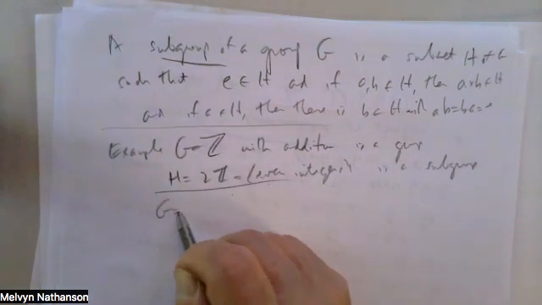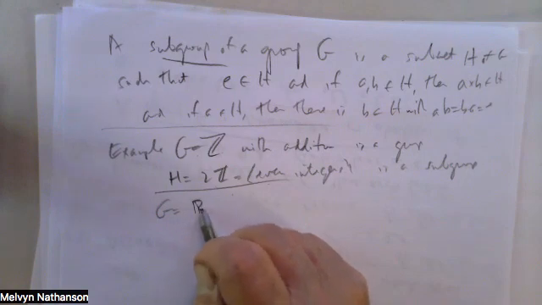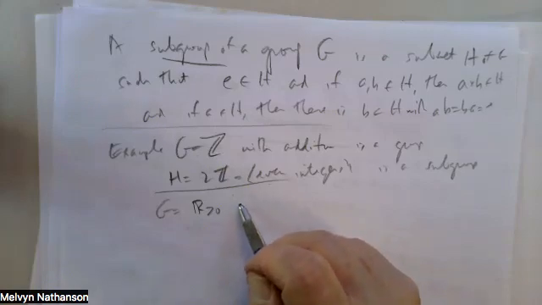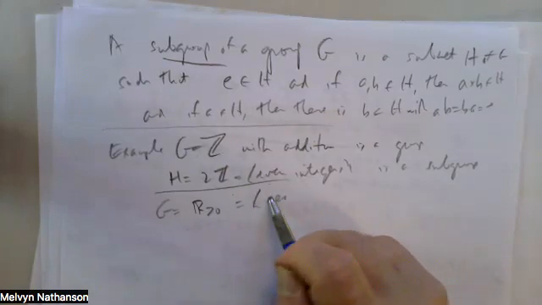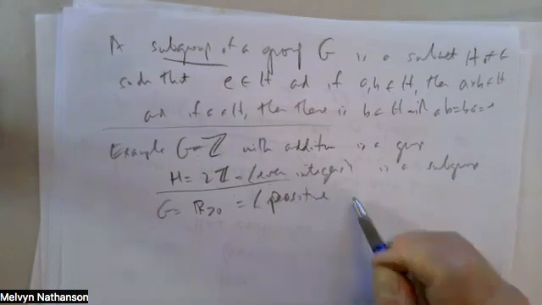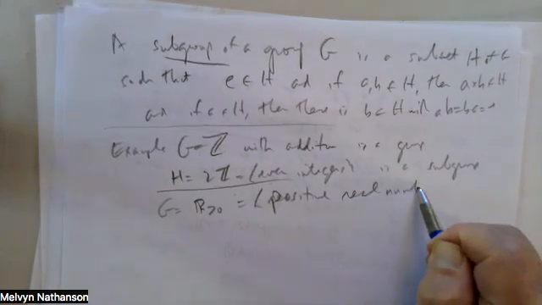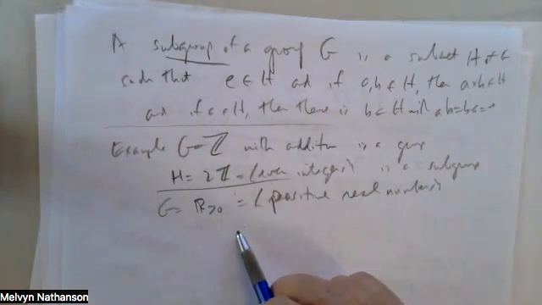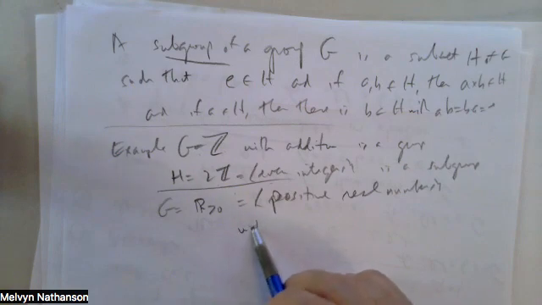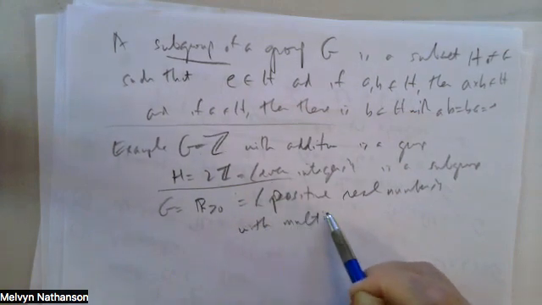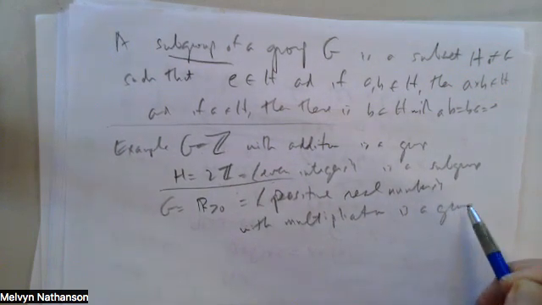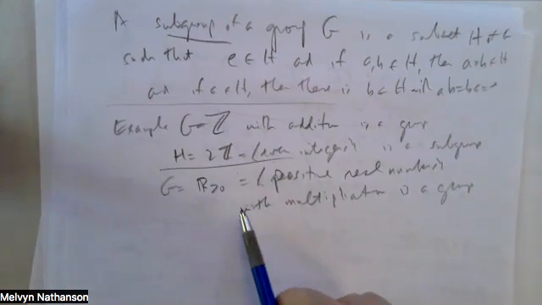If I take G to be, let's say, R greater than 0, that is the set of all positive real numbers, this is a group with multiplication, because 1 is the multiplicative identity and is positive.